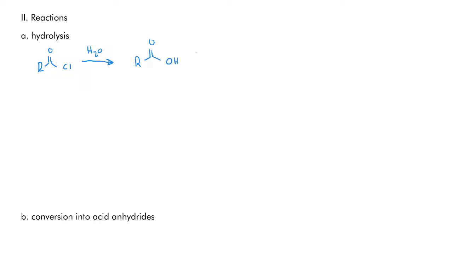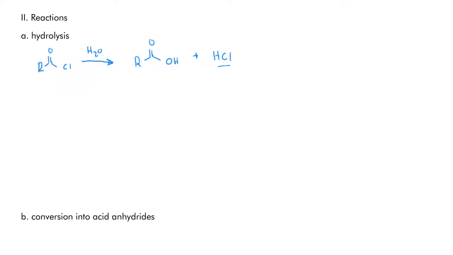If you take any carboxylic acid derivative and make it undergo hydrolysis, it will turn into a carboxylic acid. And that's exactly what happens with an acid chloride. The water acts as a nucleophile and performs the nucleophilic acyl substitution, displacing the chloride, and leaving behind a carboxylic acid. Notice that an equivalent of hydrochloric acid is produced during the course of the reaction.